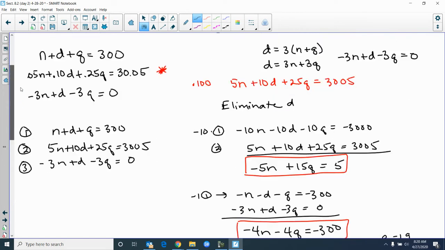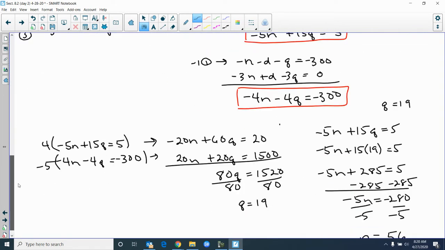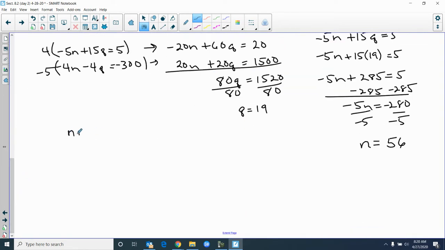If you look at the very first equation, you have to have 300 coins. n plus d plus q equals 300. So n is 56 plus d plus q, which is 19, equals 300. 56 plus 19 is 75, so 75 plus d equals 300.